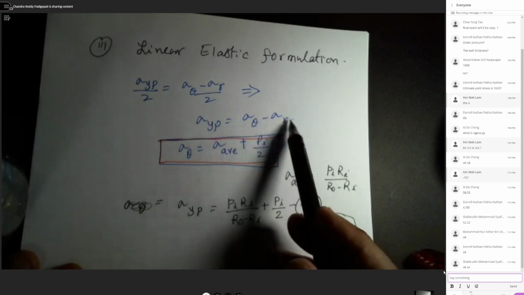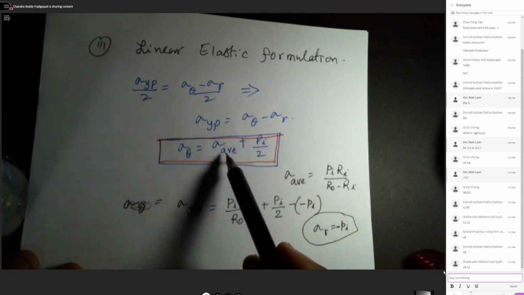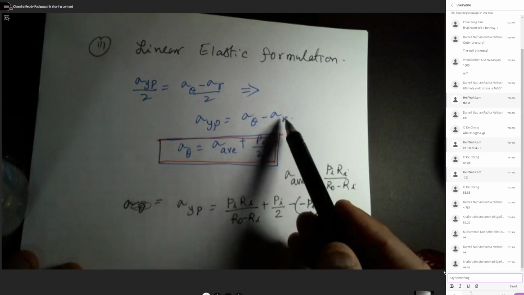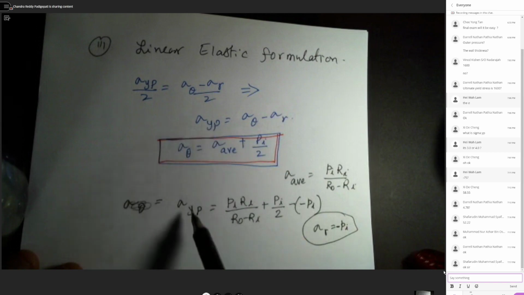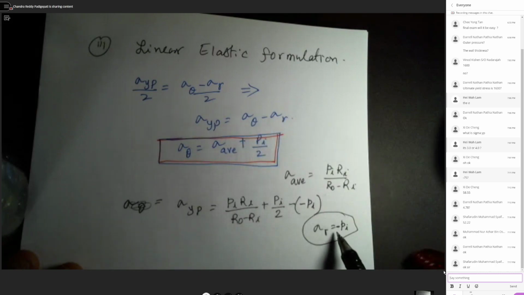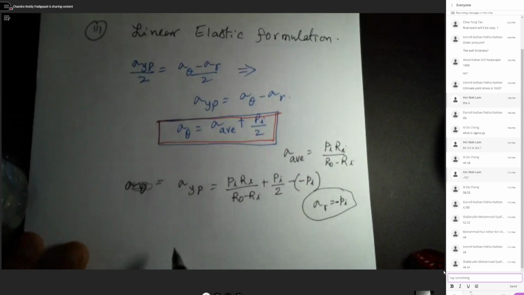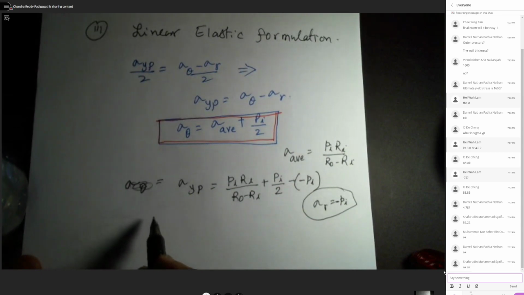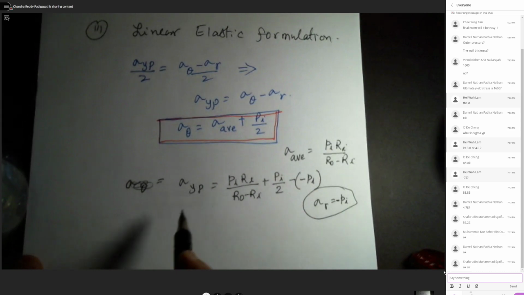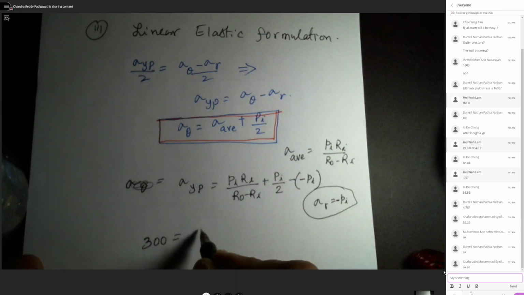So sigma yp is sigma theta minus sigma r, but sigma theta is this. So sigma yp will be sigma average plus pi by 2 minus sigma r. Sigma r at internal radius is equivalent to negative of internal pressure, so minus of minus pi becomes plus pi. Now we know the values.